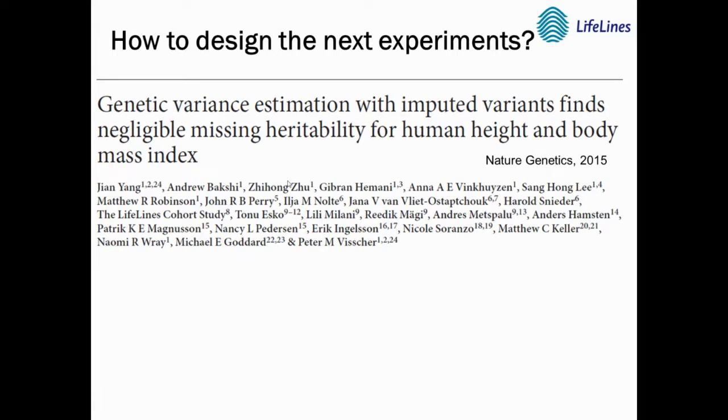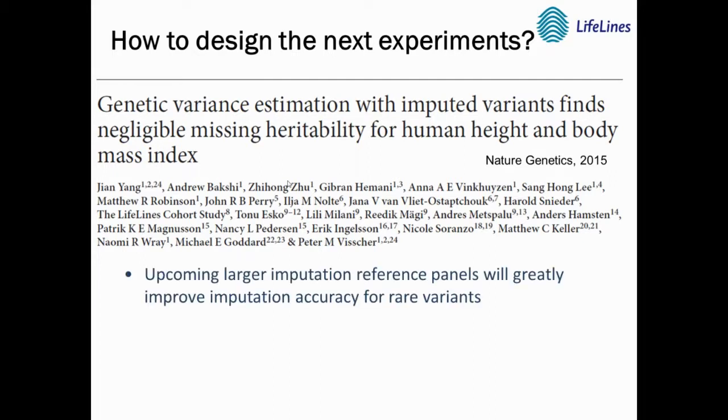This paper addressed the question how to design the next experiments. Should we focus on sequencing maybe, because that became more and more affordable, or should we still focus on GWAS studies? There were a number of developments at that stage around 2014, 2015.